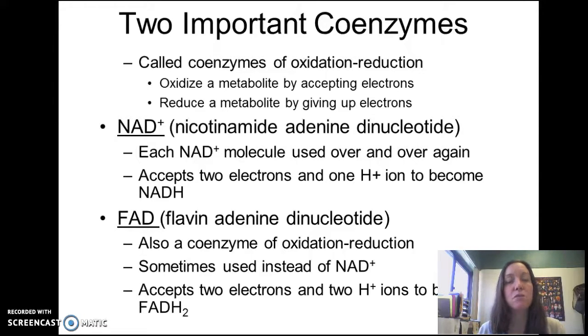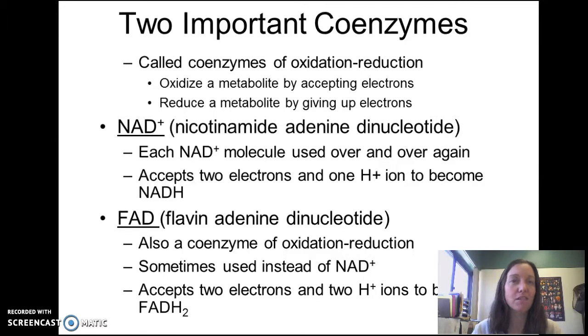So these will oxidize a metabolite by accepting the electrons, so the molecule in the process can be oxidized. And these can also reduce a metabolite by donating electrons. So these can oxidize by taking the electrons. In turn, they are reduced, and they can reduce by giving the electrons away.